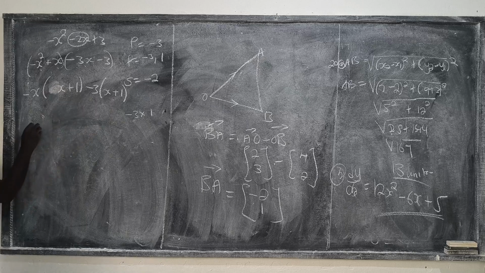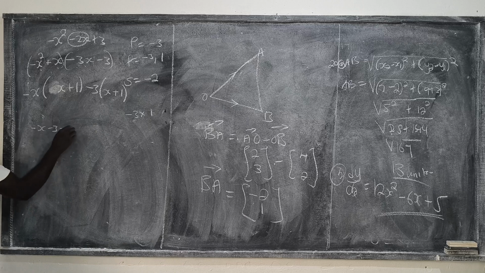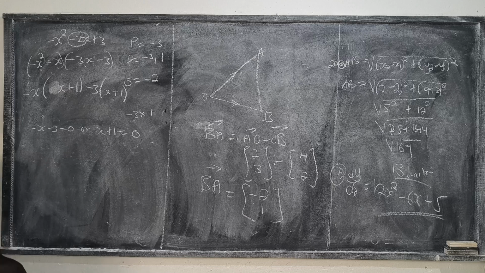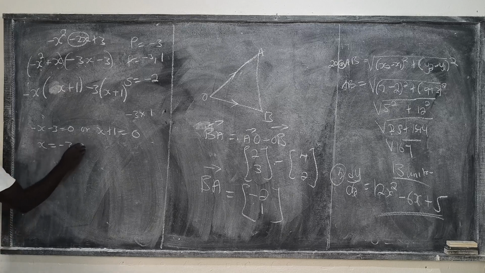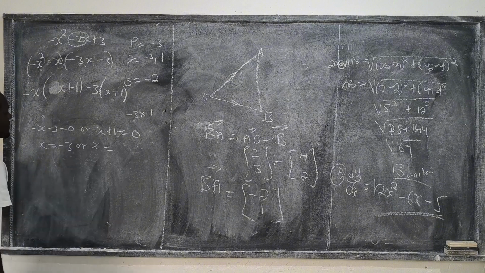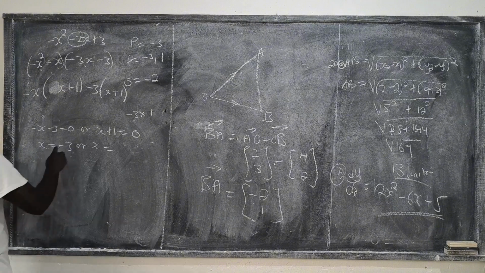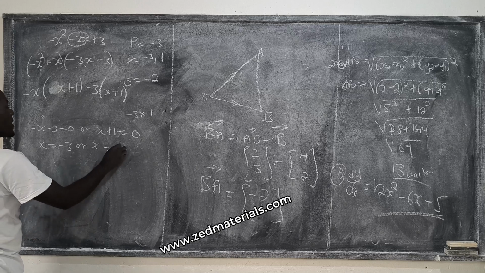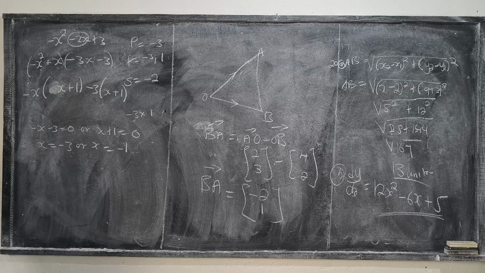So you're going to say negative x minus 3 is equal to 0, or x plus 1 is equal to 0. Then find the value of x here. You're going to have x is equal to negative 3, or x is equal to negative 1. All right. Now, from there, what are we going to say here?